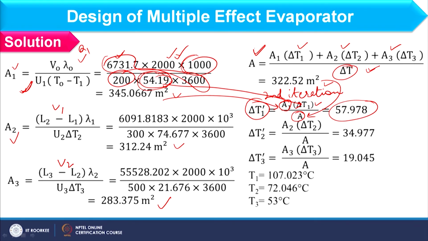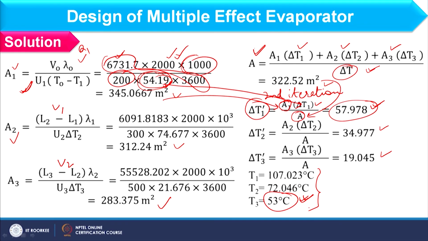In first iteration it is 54.19, in second iteration it is 57.978. So, sufficient deviation is there. Similarly, delta T2 dash and delta T3 dash you can find out, and so temperature of each effect. Last effect temperature will always be fixed at the given temperature, and that is 53 in this example.